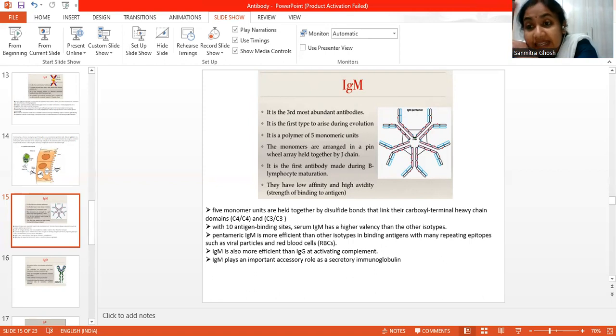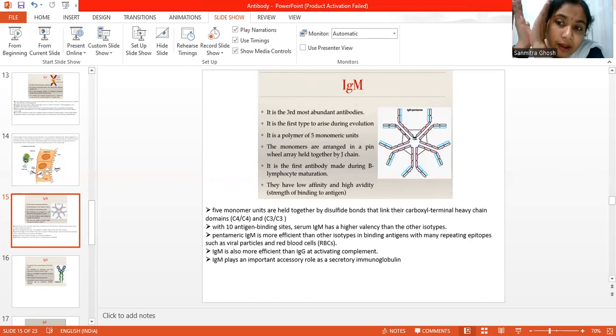Now in case of IgM, since this hinge region is missing and the constant region is divided into 4 segments, C1, C2, C3 and C4, the movement of the antibody at the end of the Fab region is not maximum.